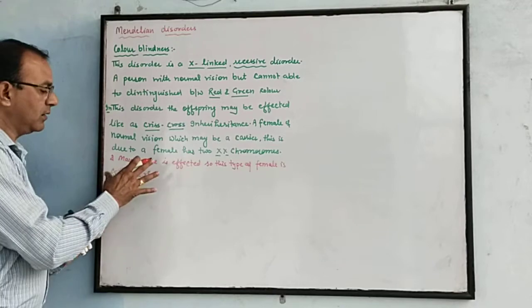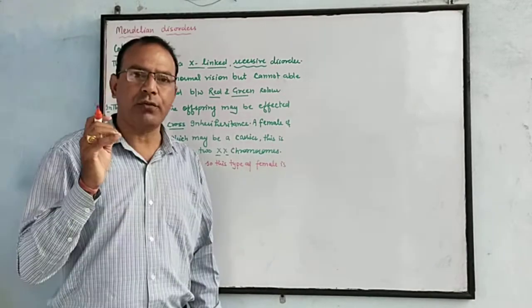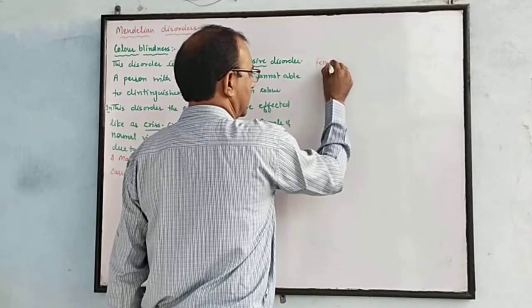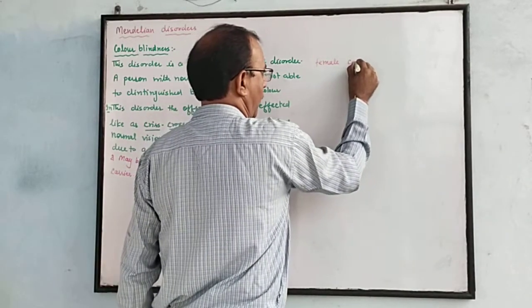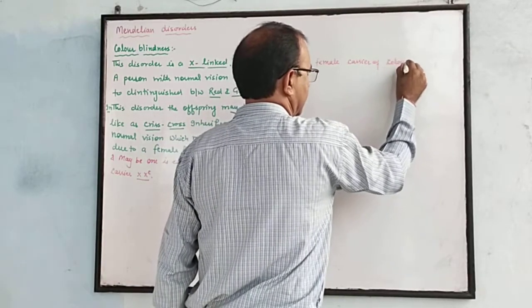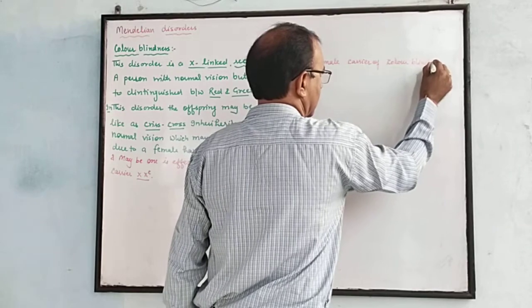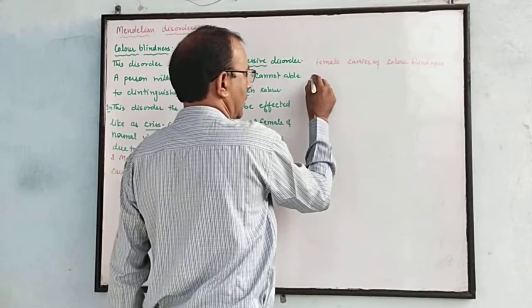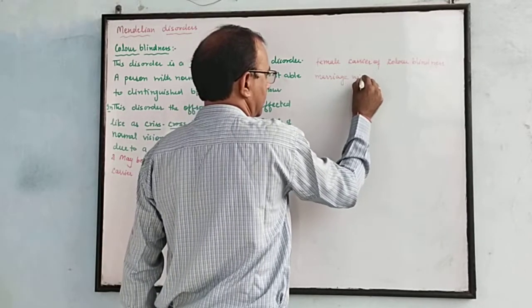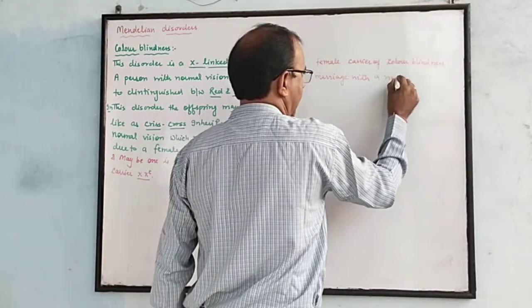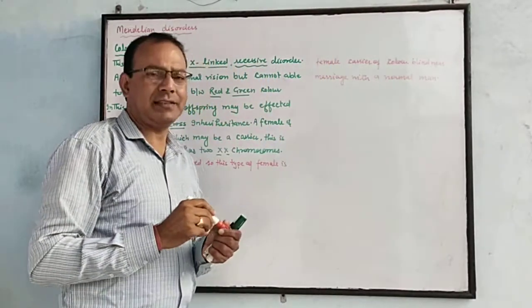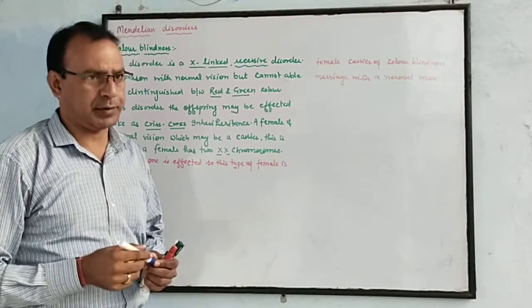Clear? For example, a female who is a carrier of color blindness marries a normal man. What is the pedigree chart of their offspring?